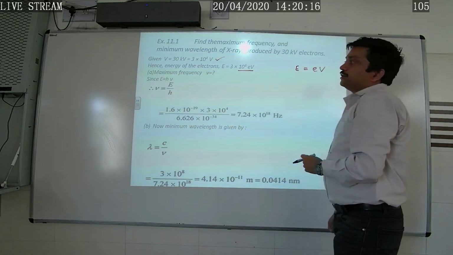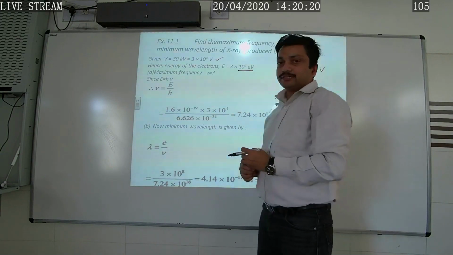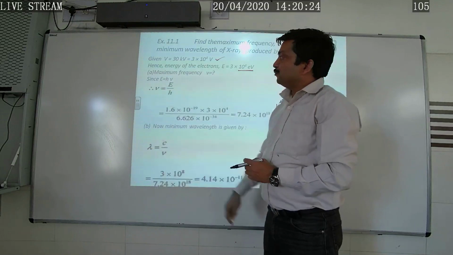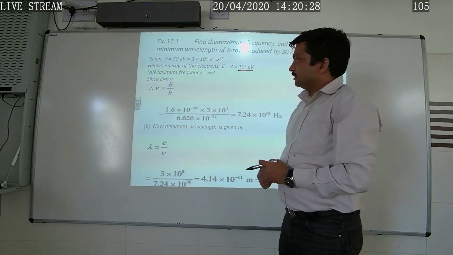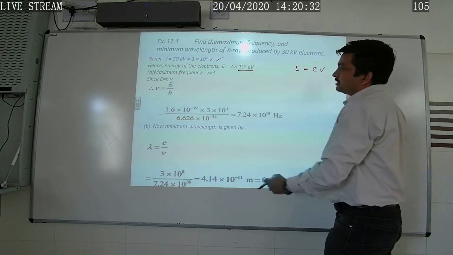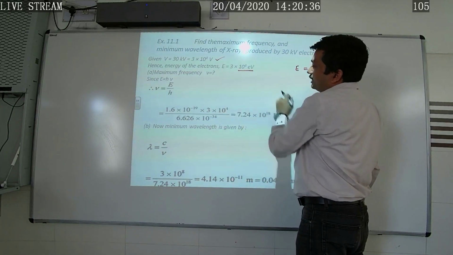Now we want to find the maximum frequency. As we have already studied, the formula for the energy is E equals h nu, or nu equals E by h. Substituting the value of the energy, that is 3 into 10 to the power 4 electron volt.